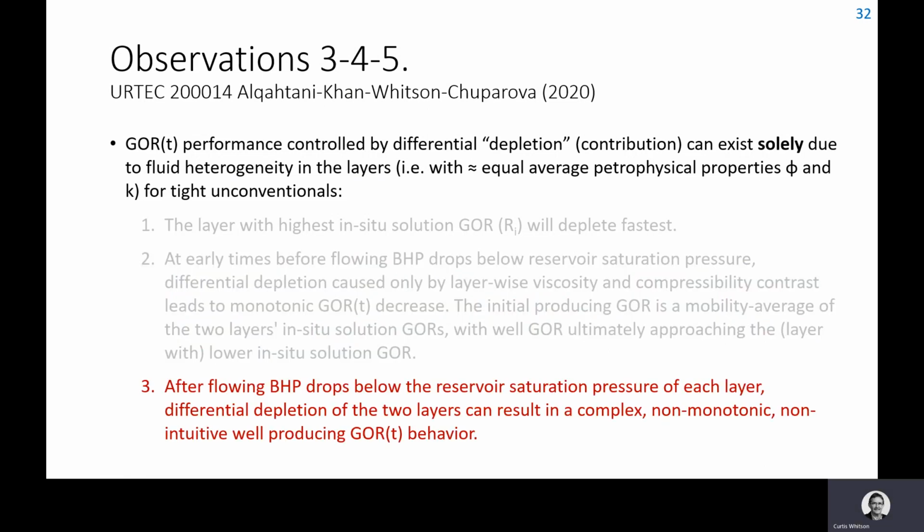And then finally, once the flowing bottom hole pressure drops below the saturation pressure of each layer, the differential depletion between the two layers will become even larger. It'll be non-monotonic in most cases, and certainly a non-intuitive well producing GOR behavior.